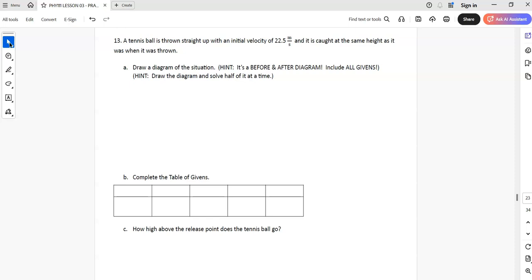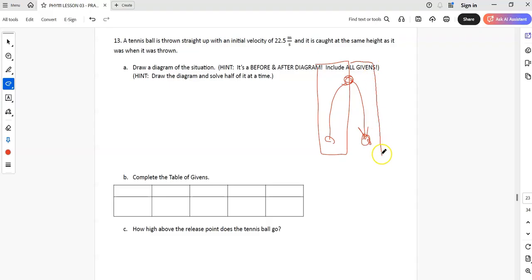Okay, why does it say it's caught at the same height? Because you can imagine the ball going up, it reaches some maximum, and then the ball comes back down. And when you're doing these kinds of problems, it's very difficult to solve the whole problem. It's easier to solve half the problem, and you can decide which half you want, the half where the ball is going up or the half where the ball is going down.